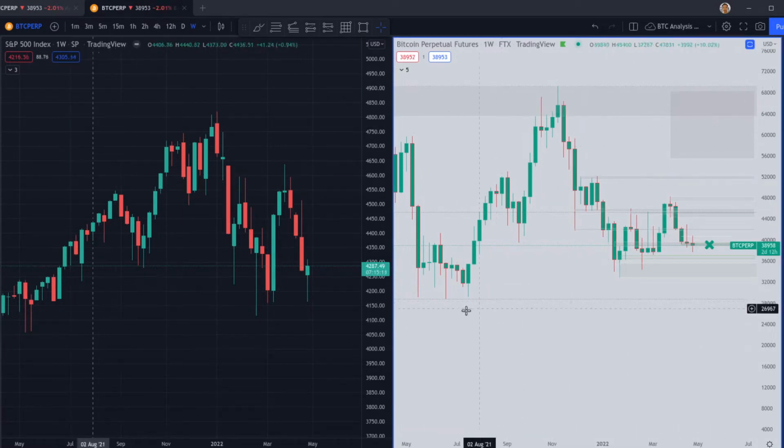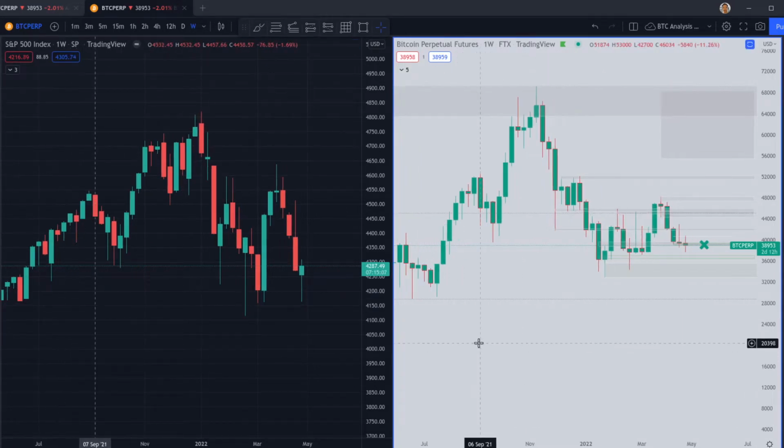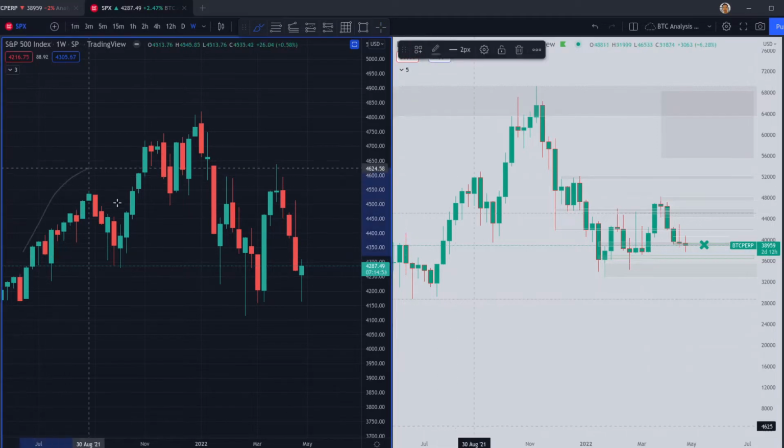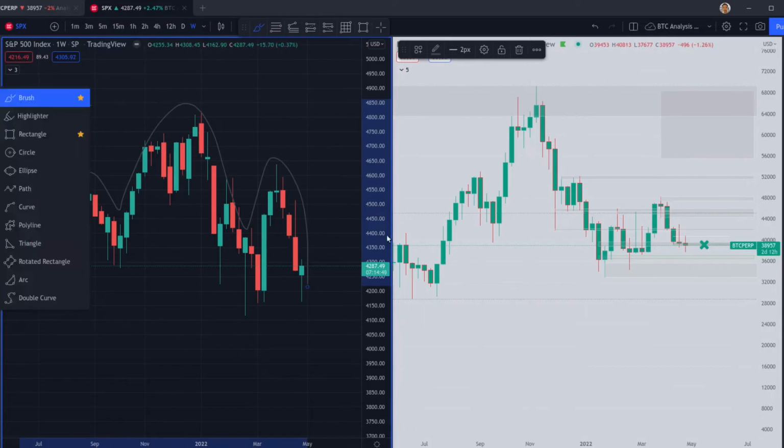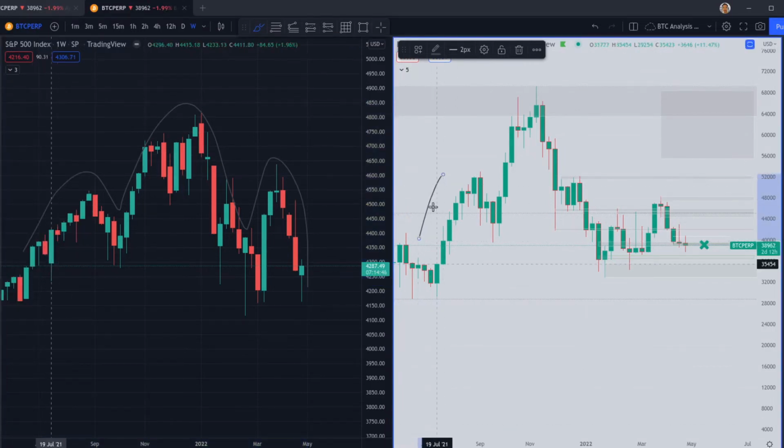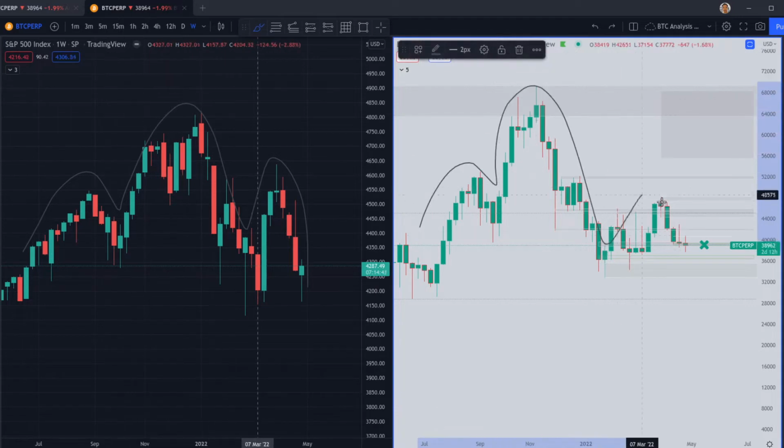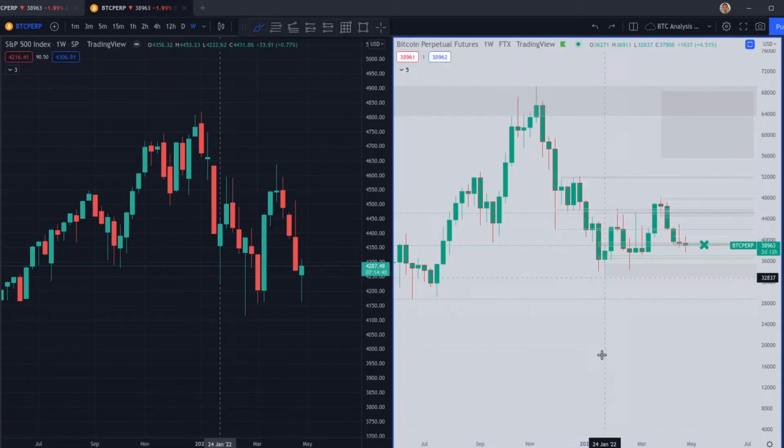You will see from around May, June, July, about July, we have a correlation between the US stock market and Bitcoin. Exactly. Look at the drawing here: 1, 2, 3, right? This is a significant correlation.